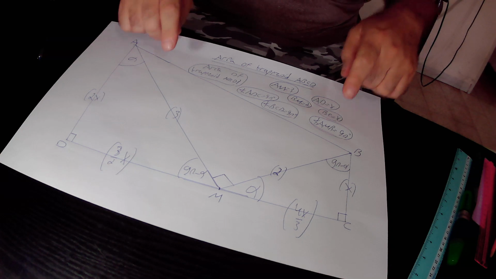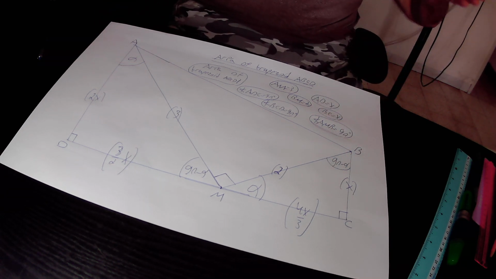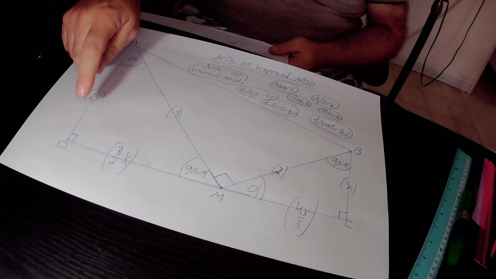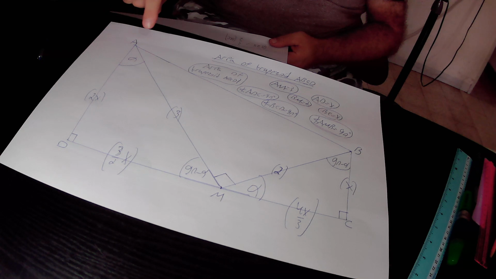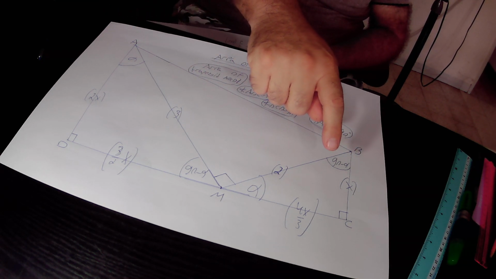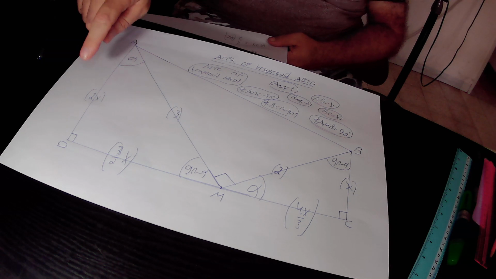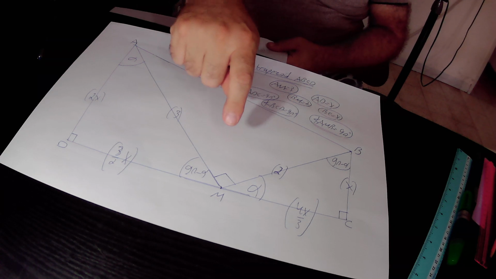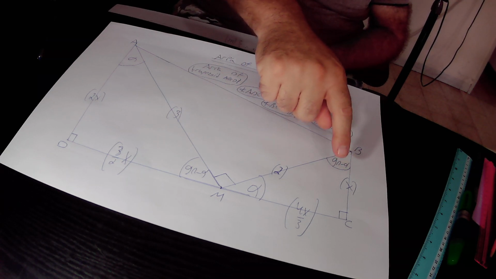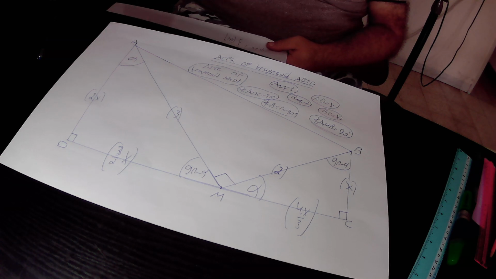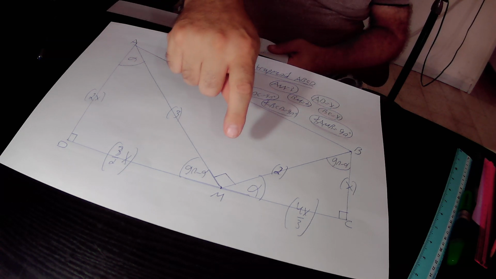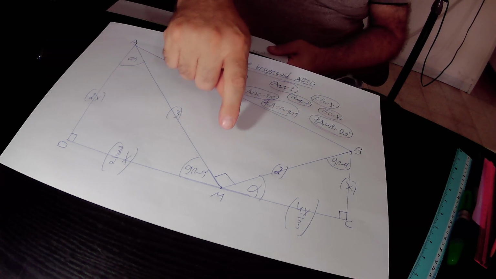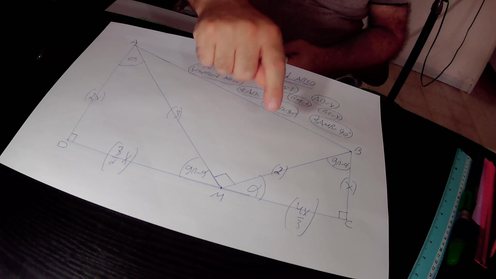And from the fact that those two right triangles are similar to each other, we derive that the following relationship exists between their sides. We derive that side AD of the big right triangle ADM over side MC of the small right triangle MCB is equal to side DM of the big right triangle ADM over side BC of the small right triangle BCM, and it is also equal to side AM of the big right triangle AMD over side BM of the small right triangle BCM.